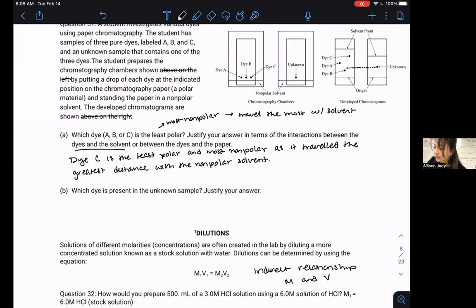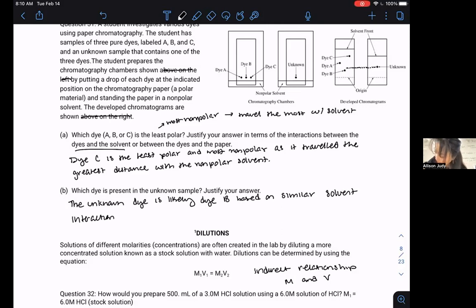I'm personally going to say dye B, because I feel like the distance is most similar to dye B. So the unknown dye is likely dye B based on similar solvent interaction.